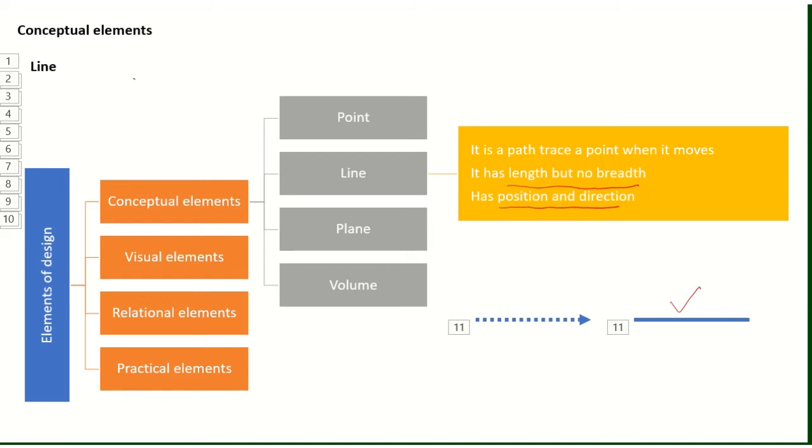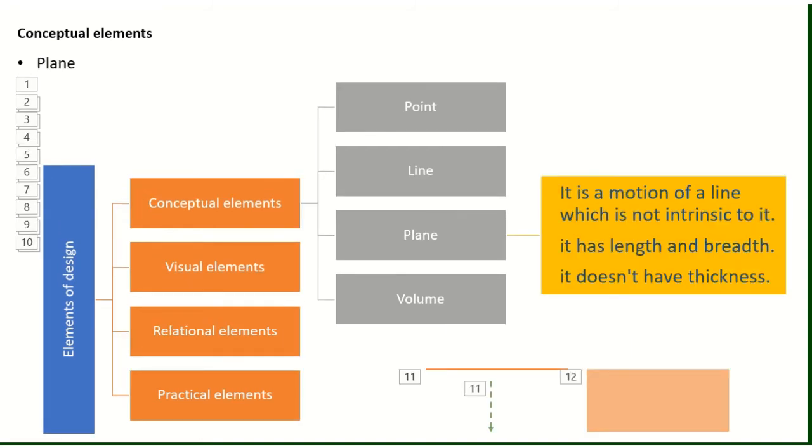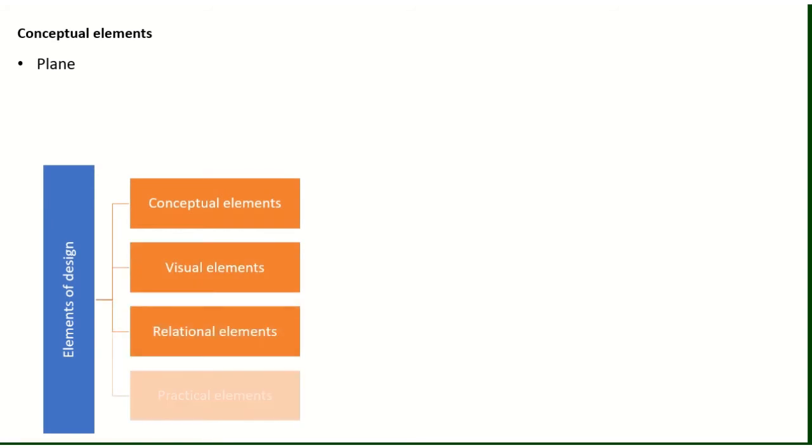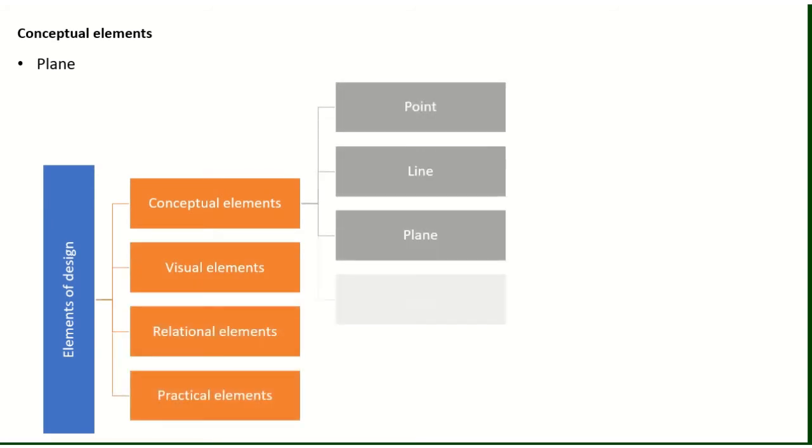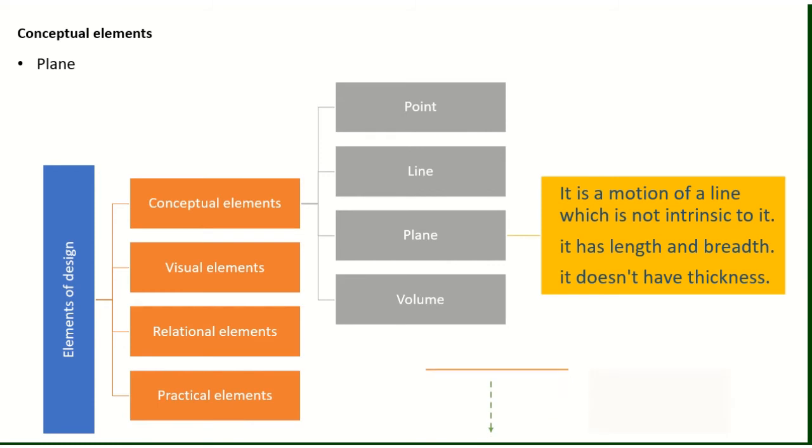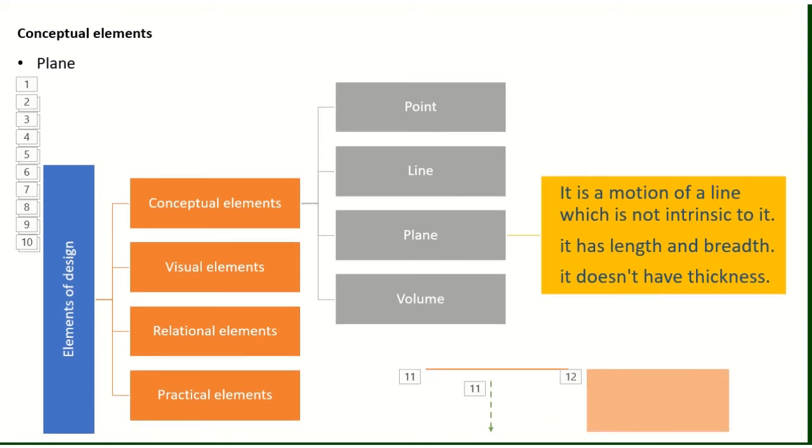Let's go to the next conceptual element, that is a plane. A plane, as we know, is a two-dimensional representation. Let's look at the properties of a plane. A plane is nothing but the motion of a line. If a line is the motion of a point, a plane is the motion of a line.